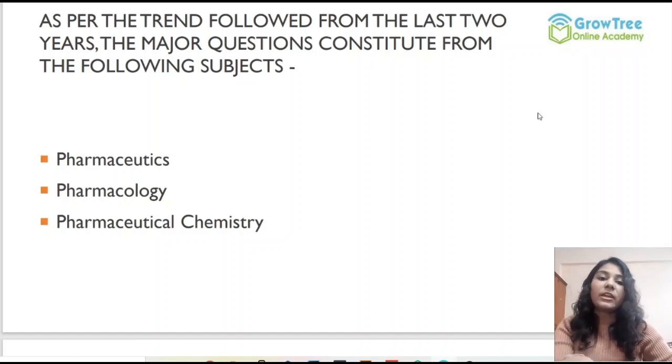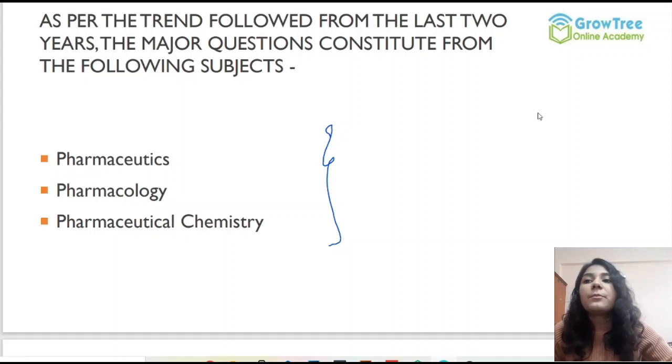As per the trend followed by NTA over the last 2 years, there are mainly these 3 important subjects from which questions are asked. First one is pharmaceutics, second is pharmacology, and third is pharmaceutical chemistry. Pharmaceutics includes general pharmacy, unit operations, pharmaceutical technology, physical pharmacy, and biopharmaceutics.